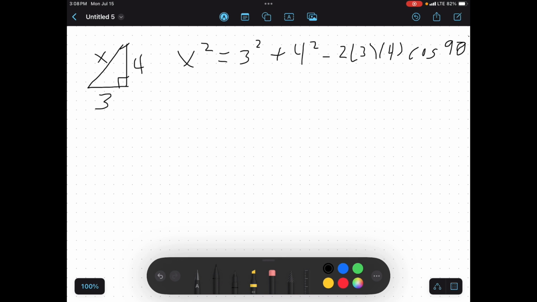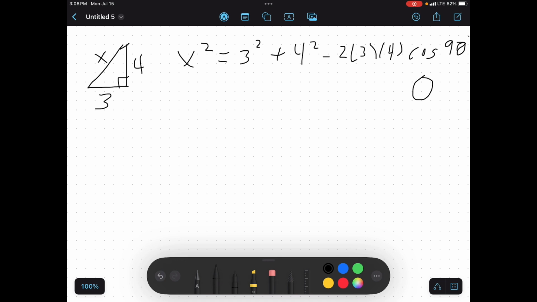Well, what is cosine of 90 degrees? If you have a calculator handy, which you shouldn't, you're trying to relax here, but as long as you're in the degree setting and not the radian setting, if you are in radians, you can choose to use pi over 2 instead. But cosine of pi over 2 or cosine of 90 degrees is 0.